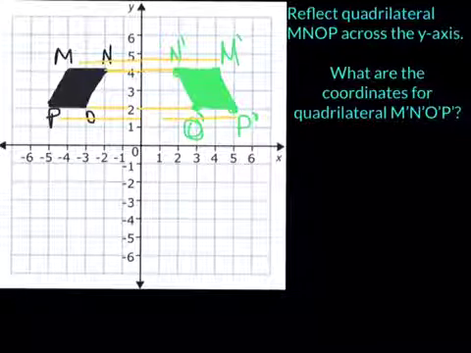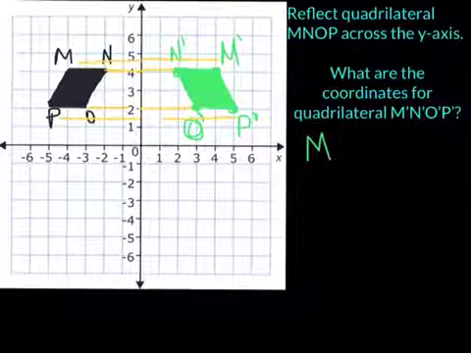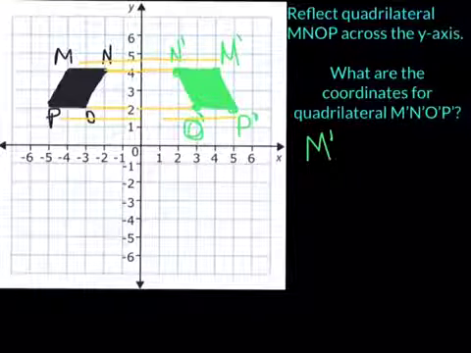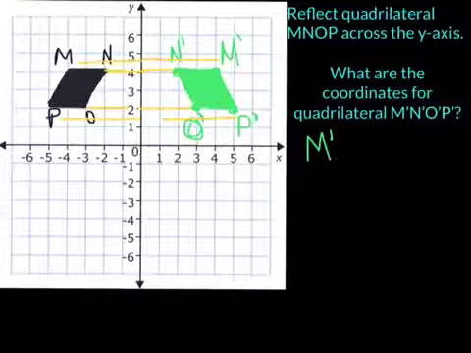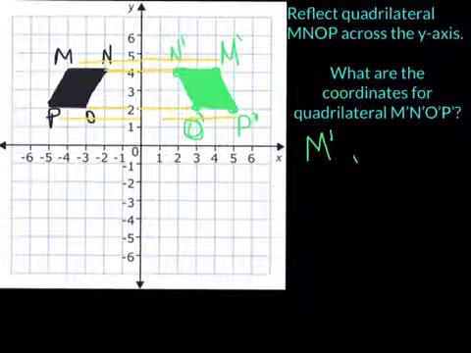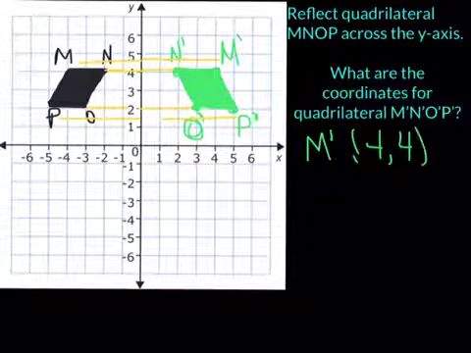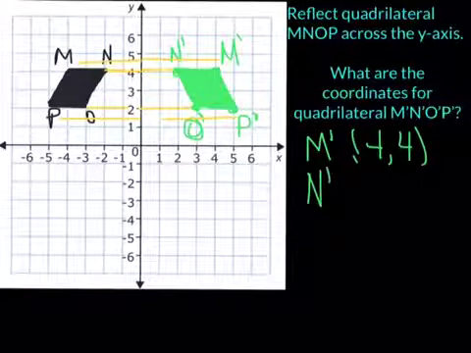So let's start with M. So M prime is at over 1, 2, 3, 4, up 1, 2, 3, 4. So M prime is at 4, 4. Okay. Now I got to go to N prime.